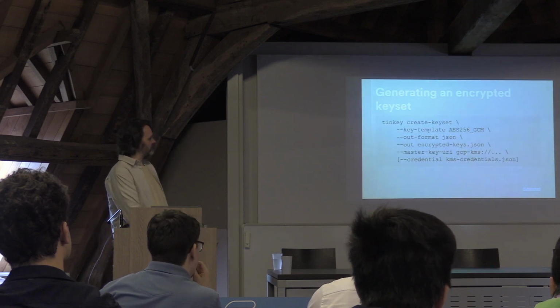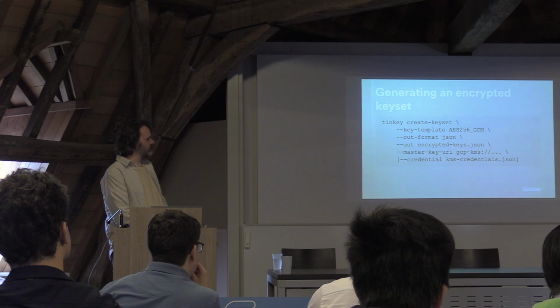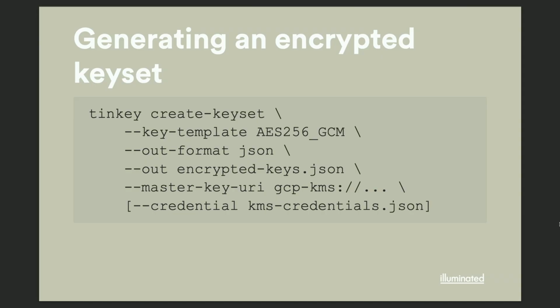So again, you can use this Tink command line utility to generate an encrypted key set, and it's pretty much the same as before, except you now pass in this master key URI where you tell it which KMS, and there's a particular URI format for these different KMSs that specifies what region and what project and what keyring and stuff to use.